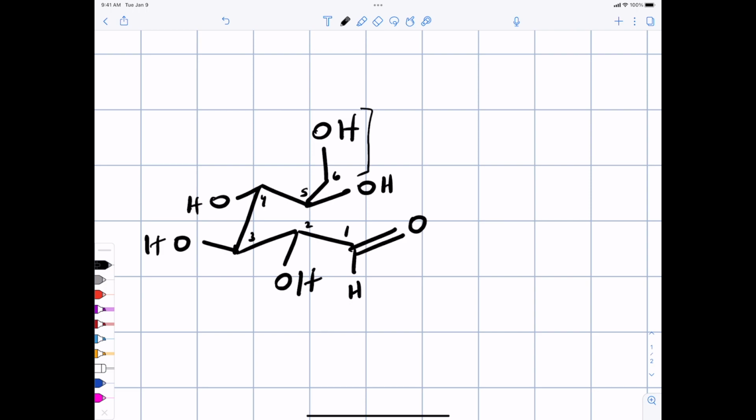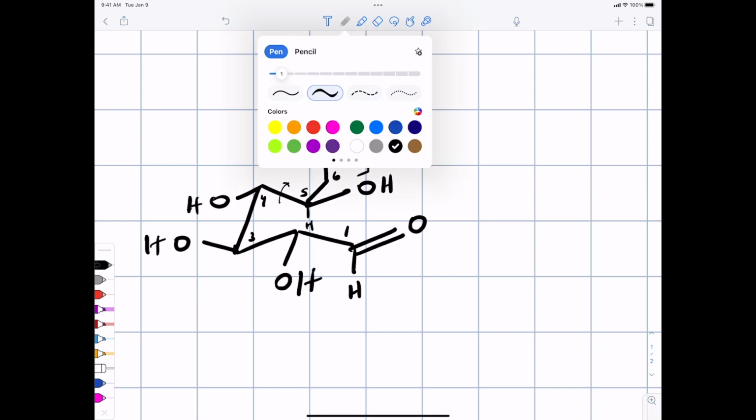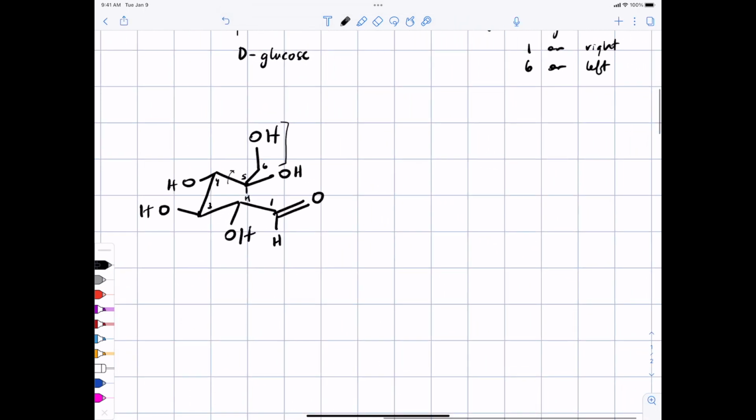So what we're going to do is rotate around this carbon-carbon bond such that here's carbon 5 and here's carbon 6. All right, so here's 6, here's carbon 5.